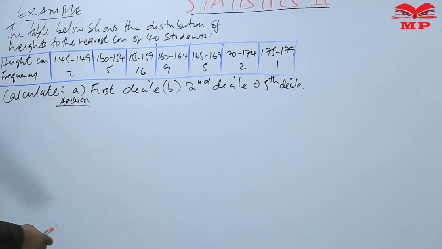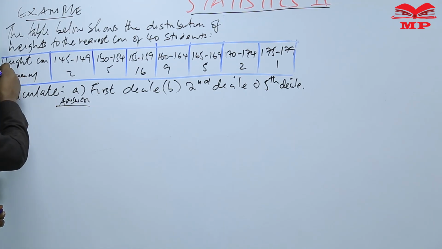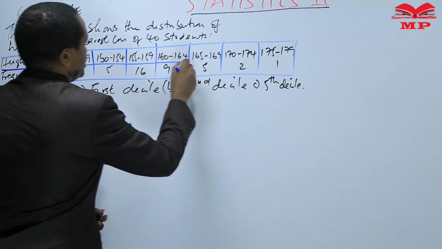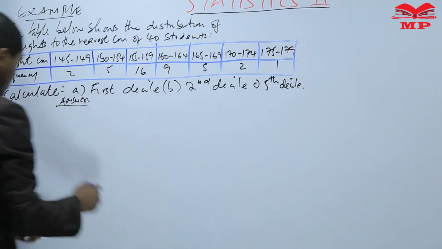So let me arrange this distribution in column form.